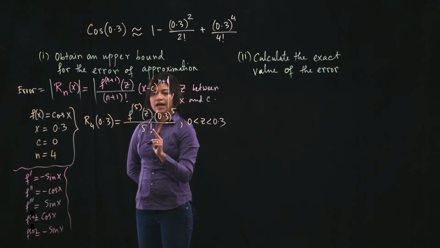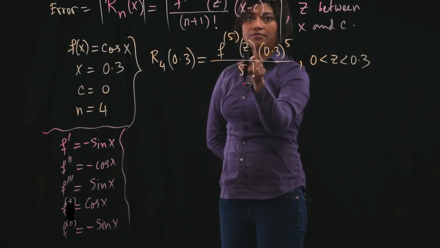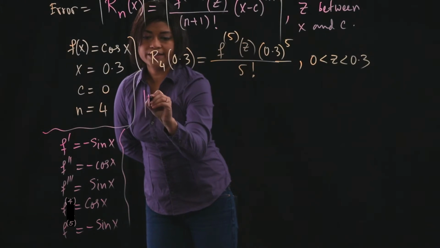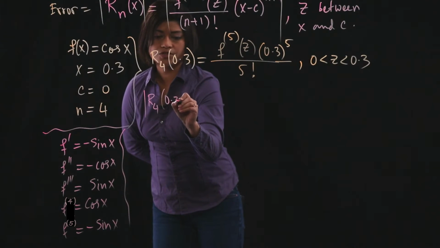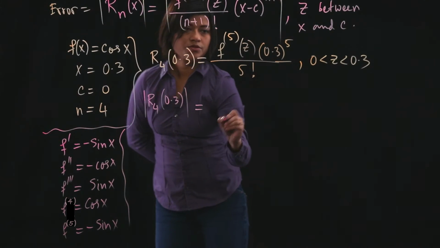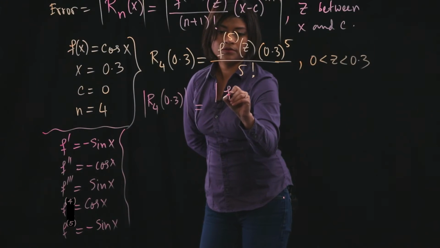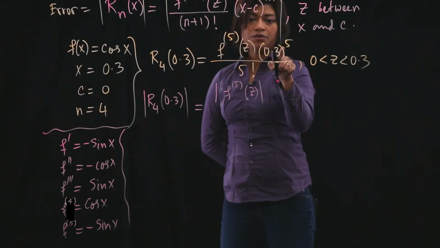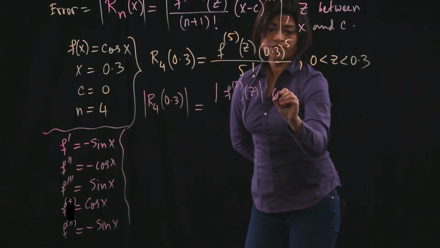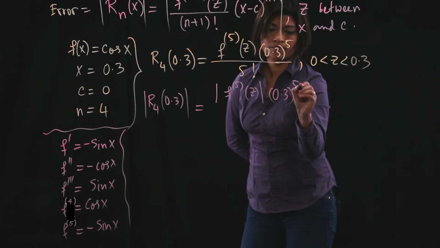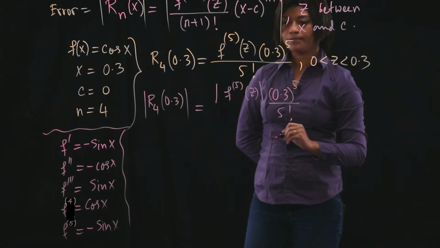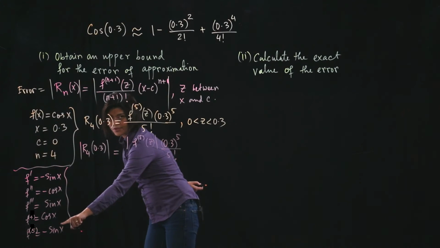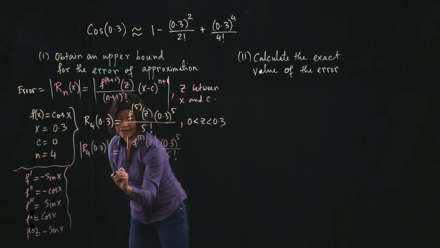So the 5th derivative is negative sine. Now we want to figure out a maximum value of that derivative at z. Let's start by taking the absolute value on both sides first. This is equal to the absolute value of the 5th derivative at z, and you don't need absolute value for the numbers because they're already positive, 5 factorial. The fifth derivative is negative sine, and with the absolute value you can get rid of the negative.